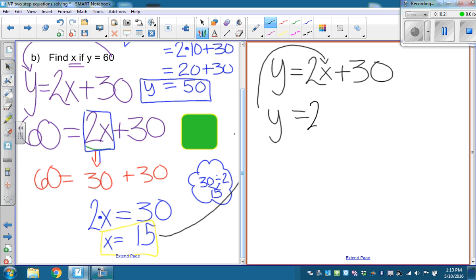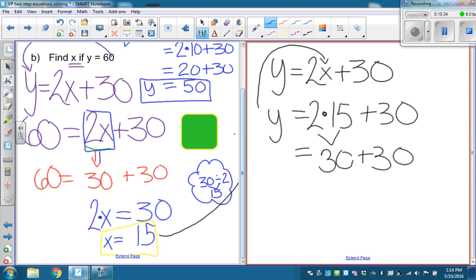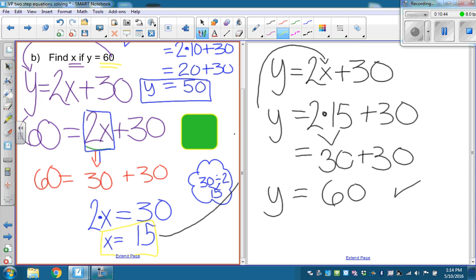Y equals 2 times 15 plus 30. 2 times 15 is 30. 30 plus 30 is 60. Y equals 60, which is what the original problem told us. So I know I did the problem right.